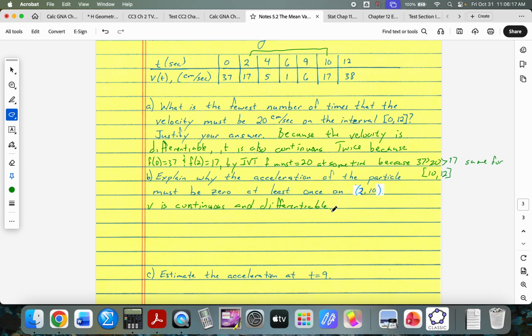And we can talk about the interval if you want to, but we can just say it's continuous and differentiable everywhere. So the mean value theorem, which frequently is abbreviated MVT, applies.